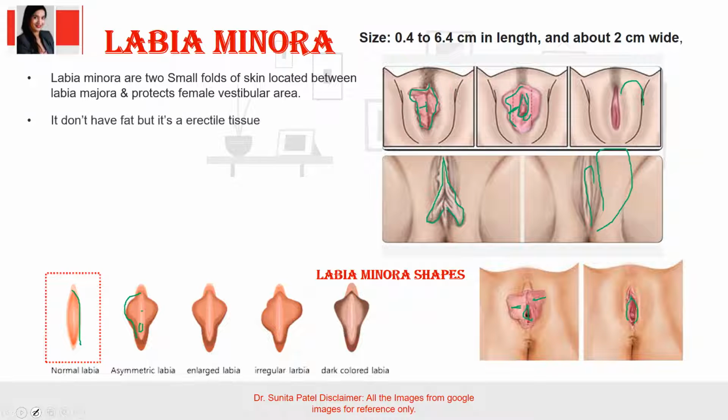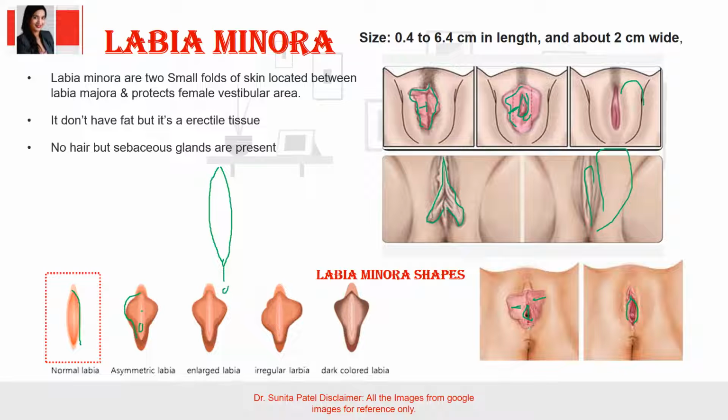Now, labia minora are two small folds of skin located between the labia majora and they protect a very sensitive part. Which sensitive part is the labia minora protecting? If I create a labia minora for all of you, if this is the female body and we are creating a labia minora on the side, beneath it we will have the perineal body, then the anal canal.